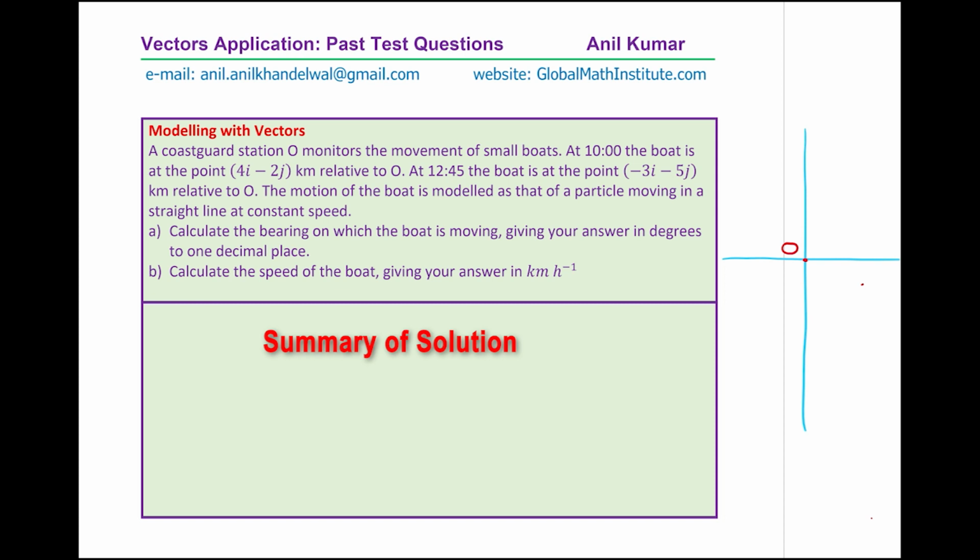So let me connect these points, right? So let us say this is what we have. So the positions are, here we have the coordinate point, which is 4, let me write 4 comma minus 2, and in this position it is minus 3 comma minus 5.